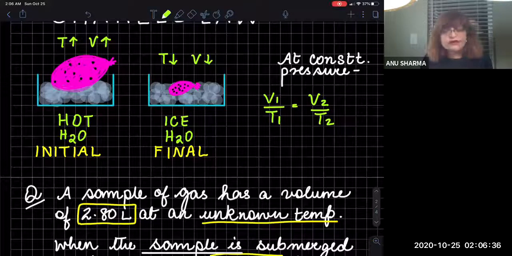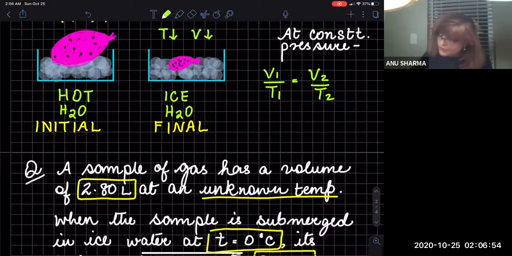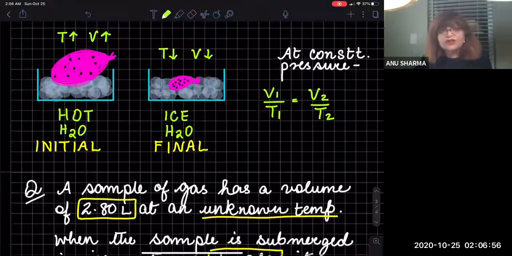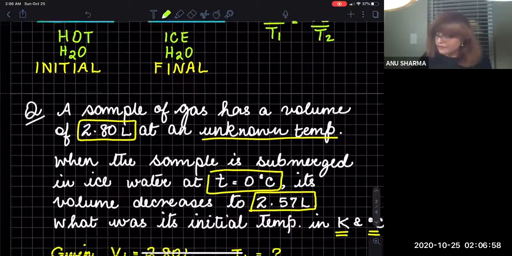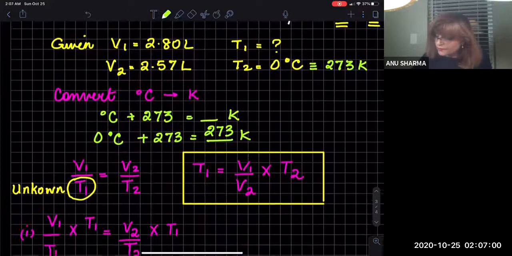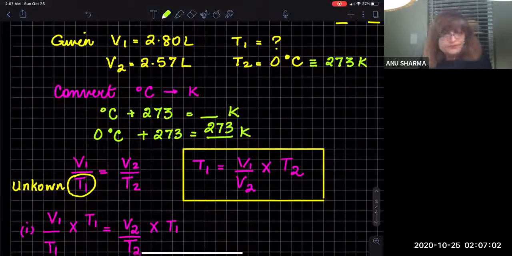You can clearly see that the balloon is inflated in the first condition when it was in a hotter environment, so the volume was more, but the balloon contracts and loses its volume when the temperature goes down. So we need to find out what the initial temperature was, if we know the values of the volumes.